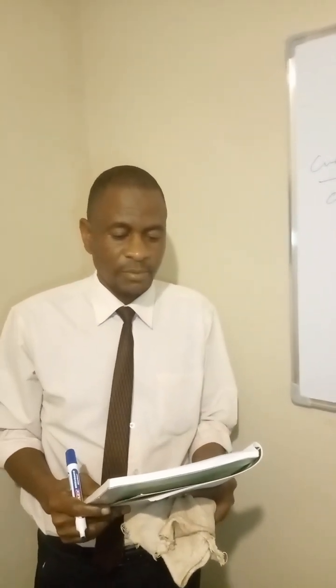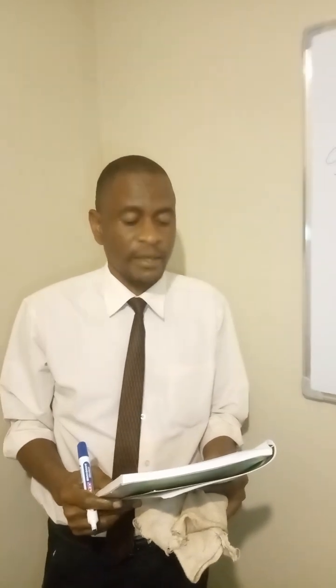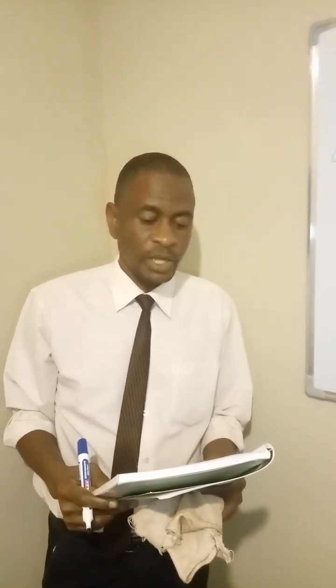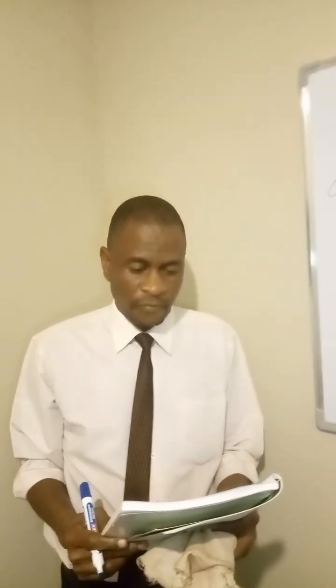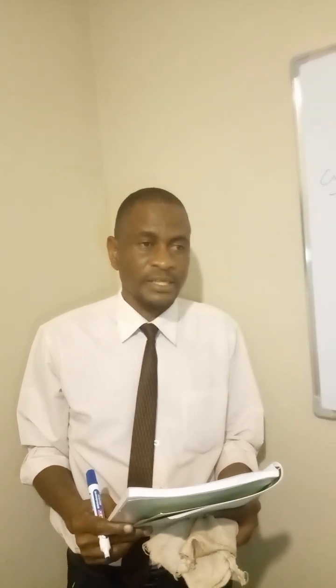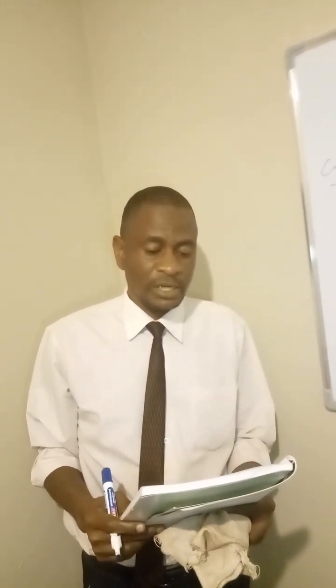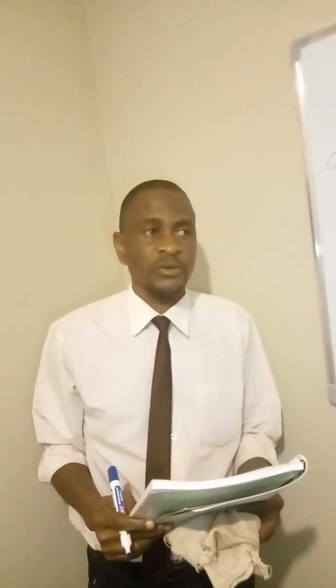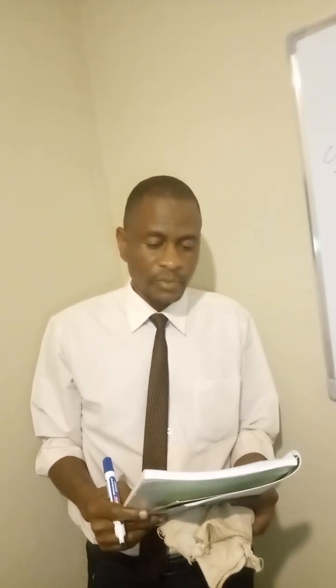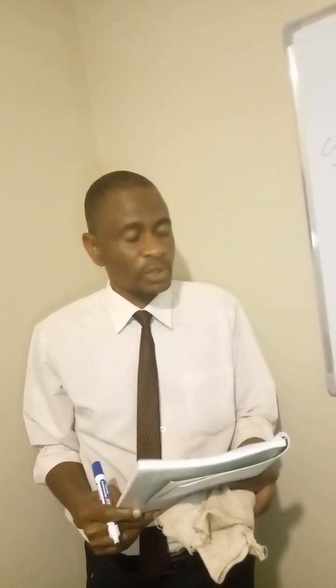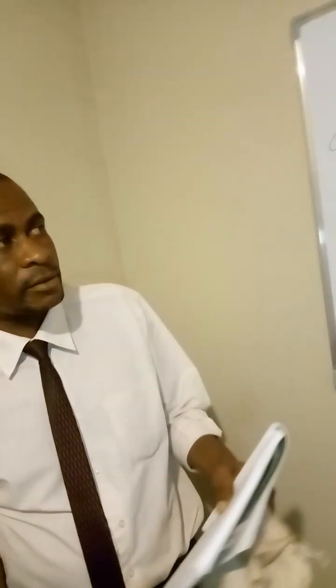D, subscriptions received during the year. The correct option here is A, fixed assets bought in the previous year. These do not relate to the current financial year, so they are not included in the receipts and payments for this particular year. So number 29, correct answer is A.